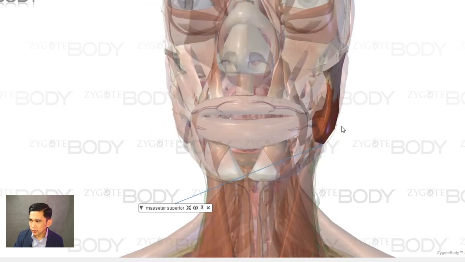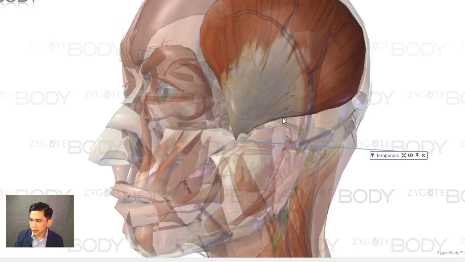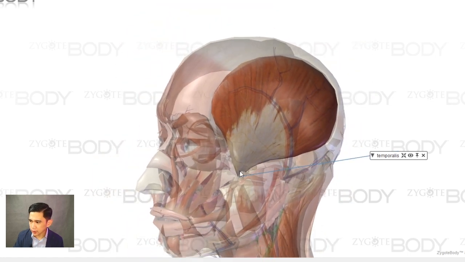It will make our face a little more round. And we have the temporalis muscle, a big muscle that spans our temples and goes down and inserts into the jaw.